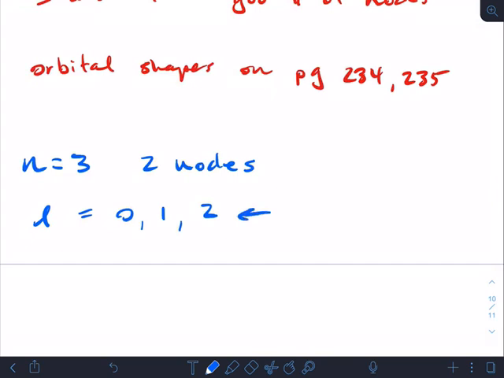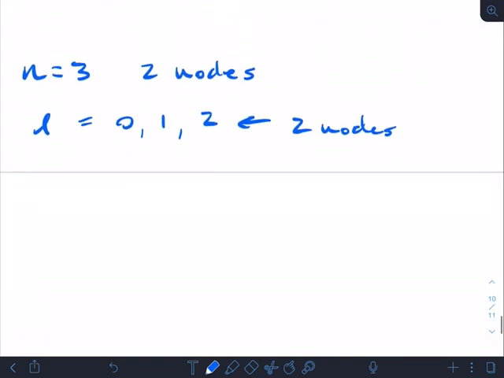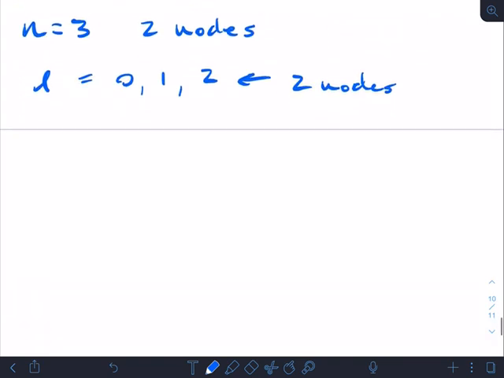So let's think about this. We've done n equals 2. So if n equals 3, that means that we have 2 nodes, right? And the L value will be 0, 1, or 2. That maximum thing says that we get 2 nodes, the max value of L, right?